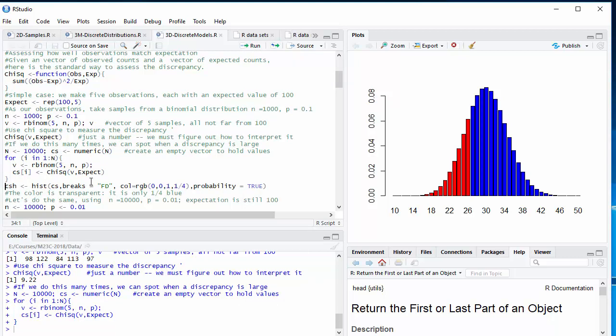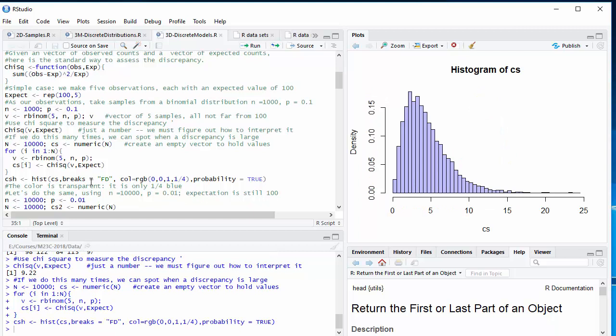We do that. We display the histogram, and you say, that's a pretty shade of pale blue. Well, it's a very clever pale blue. I use 0 red, 0 green, 1 blue, but I made it transparent by saying I only want 1/4 for this color.